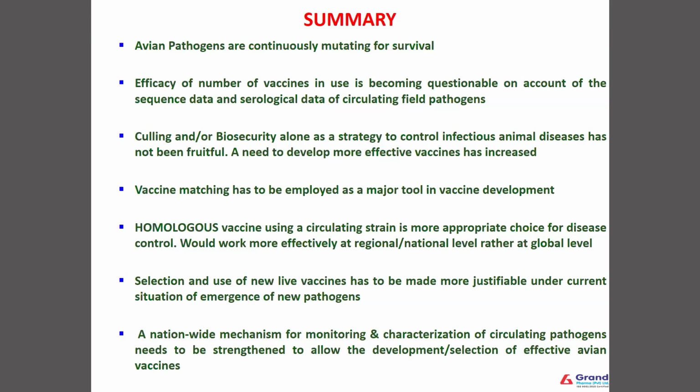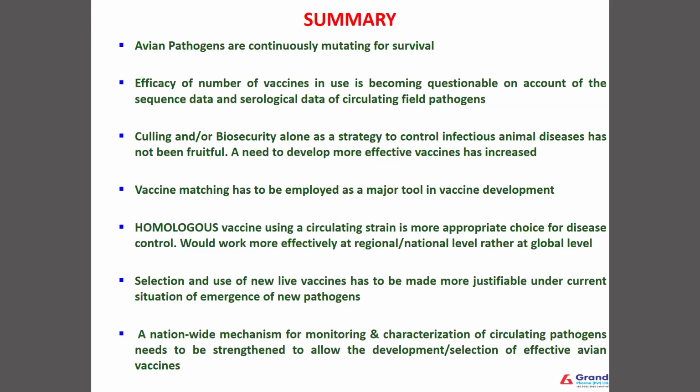In the current situation, despite using different vaccines in our country against different diseases, we still face challenges. I can say with confidence that the efficacy of a number of vaccines used is becoming questionable on account of the sequence data and serological data we now have about the organisms that circulate in our country.